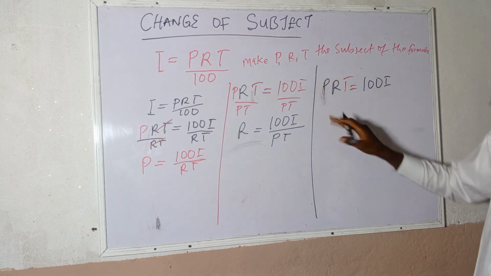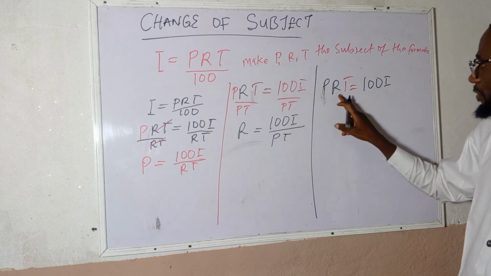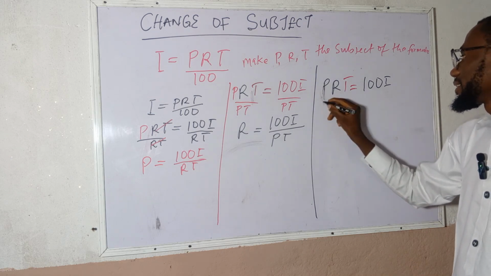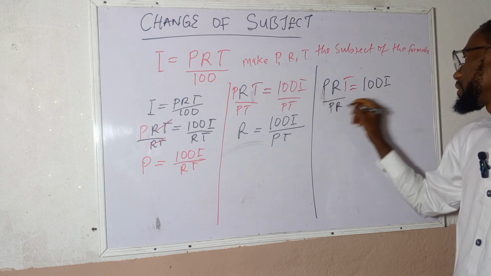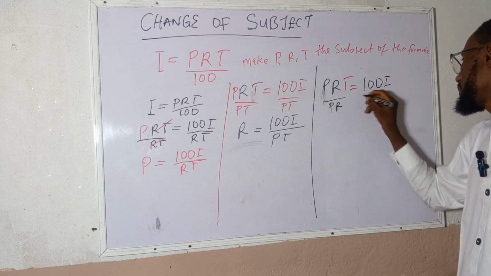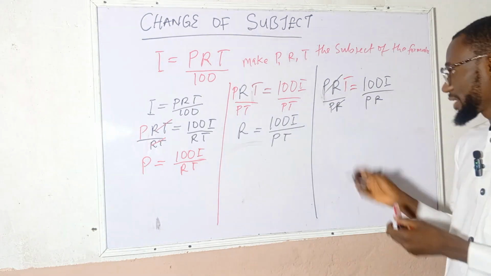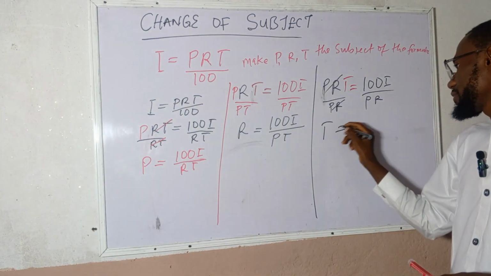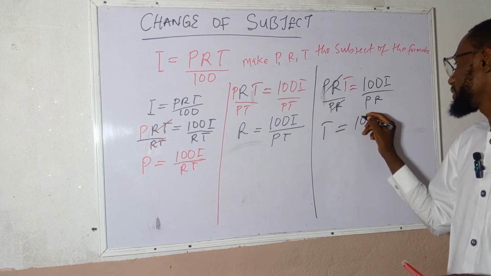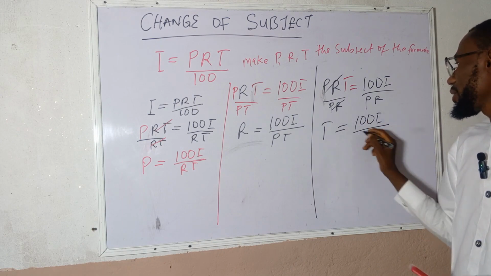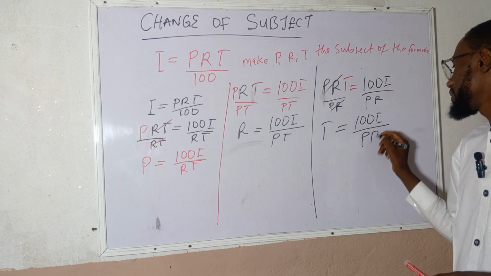Then divide both sides by the coefficient of T, which is PR. Here by PR. Then PR cancels PR, remaining only T. Therefore, T is equal to 100I all over PR.